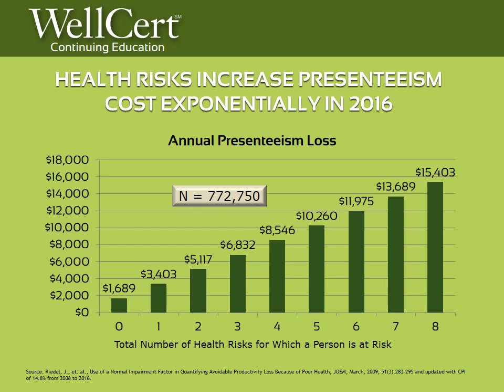That's been multiplied by the original finding, which included data on some 750,000 people. And it just shows you the dose-related response of increased presenteeism cost as you increase the total number of health risk for which a person is at risk. So the more risk factors you have, the higher the presenteeism cost, the losses associated with your staying at work when you have an underlying health or wellness issue.